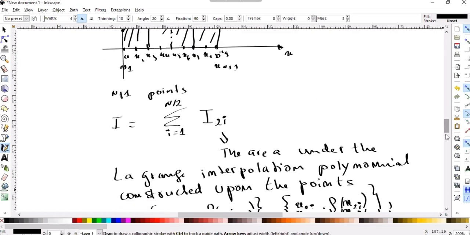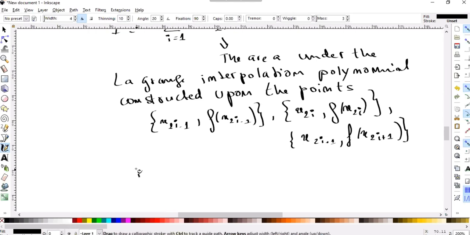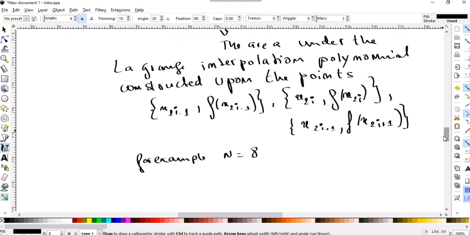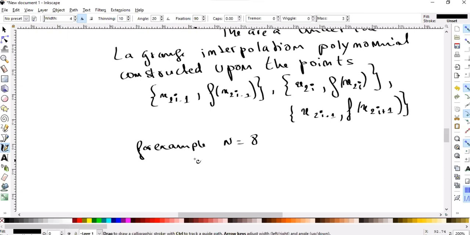Okay, for example, for n equals 8, you have the interpolation polynomial constructed upon x1, x2, x3.